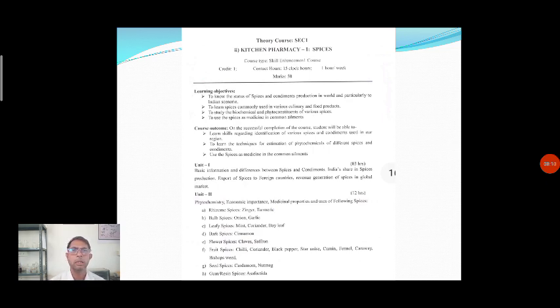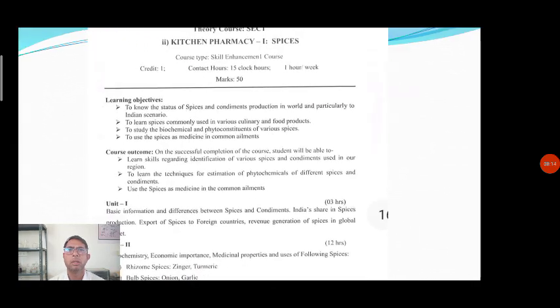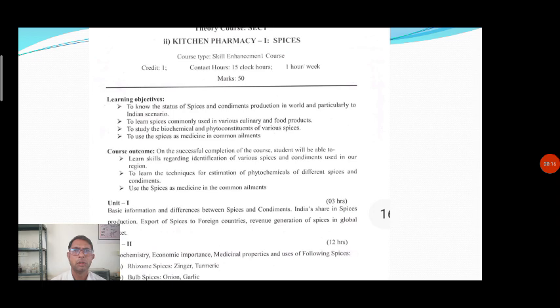Now what are the learning objectives? What can we do with the learning of this particular subject? First, to know the status of spices and condiments production in the world, and particularly the Indian scenario. To learn spices commonly used in various culinary and food products.